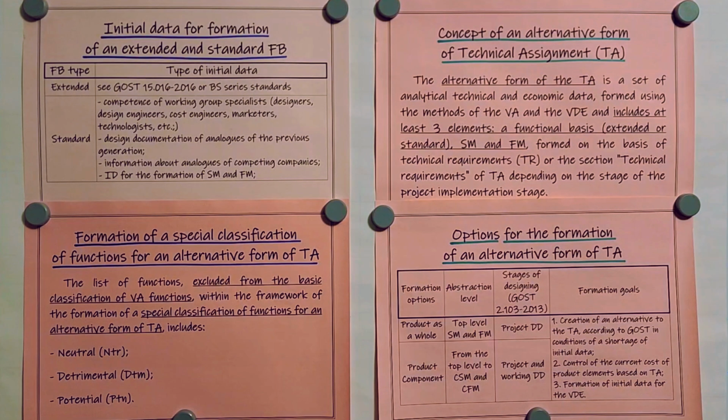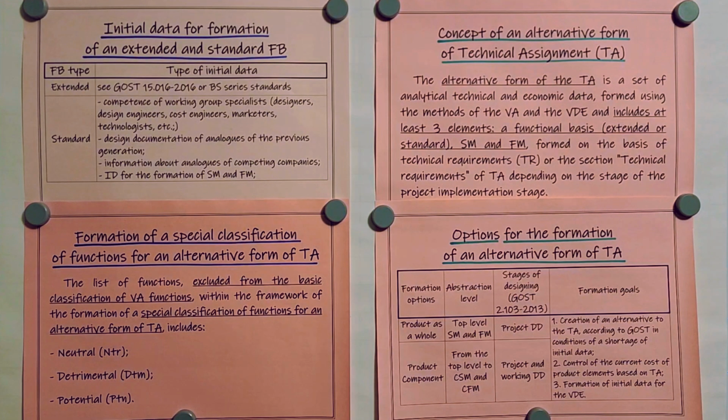Thus, the actual sources of information for the formation of an alternative form of technical assignment are, first, the competence of employees of the design engineering department; second, design documentation, design engineering documentation of analytics of the previous generation; and third, information about analytics of competing companies.